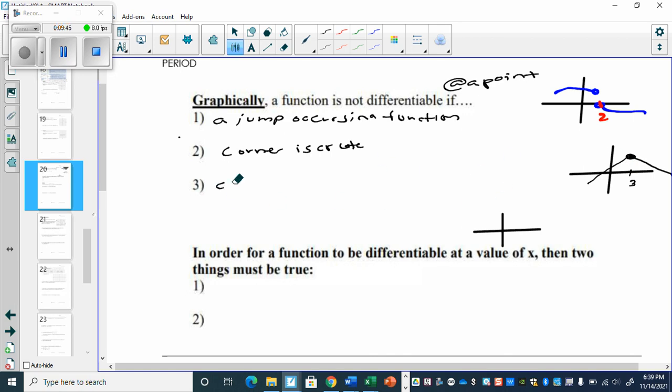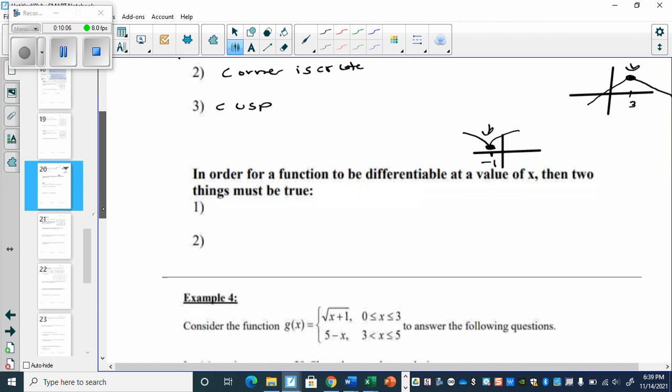Now, lastly, there are the cusp. So here's a cusp. It's just kind of concave in there. And let's say this is -1. Well, at the cusp, it's not differentiable. So it's not necessarily the whole function, it's just specific points on that function.